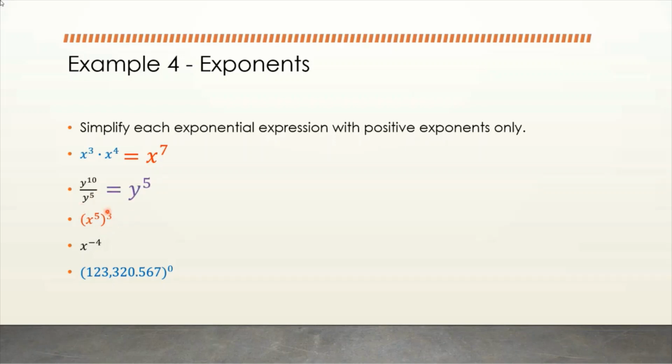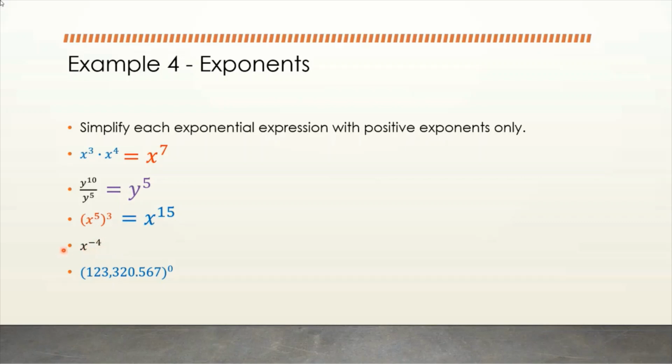Remember the power rule? So this is x to the 5th raised to the 3rd power. Since the whole thing is being raised to the 3rd power, you would multiply them. So that would be 5 times 3, which is 15. The negative exponent rule flips it. If it's in the numerator, it brings it down to the denominator and vice versa.